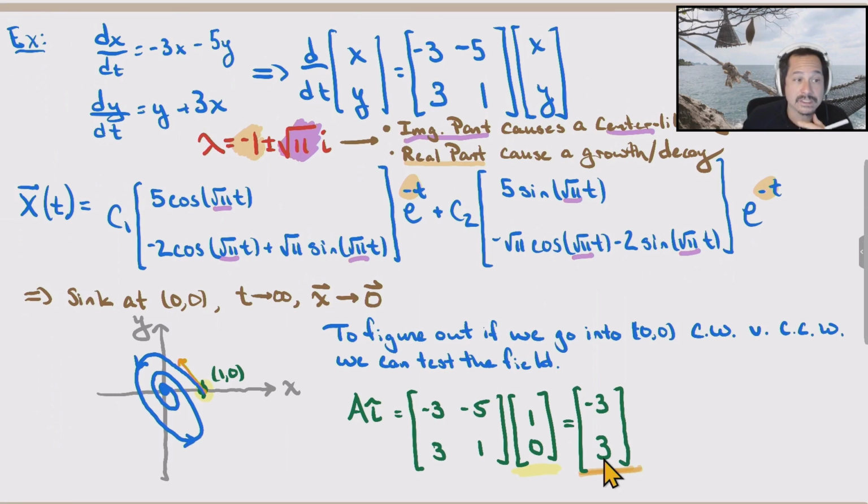I don't know how tight the spirals are. I don't know the alignment, whether or not an ellipse is formed and in what direction of the ellipse. All I can tell you is that I will go to the origin, I will spiral as I do so, and I will go counterclockwise. So here, I can't get nearly the details that I did for the real eigenvalue case because I don't have any straight lines.